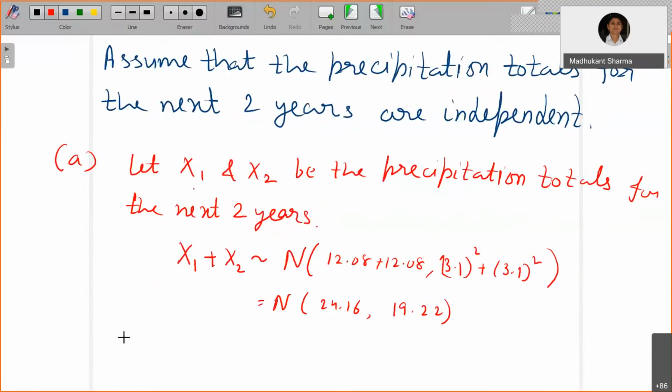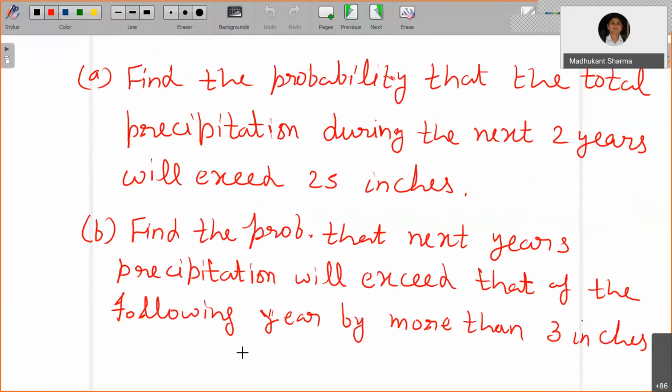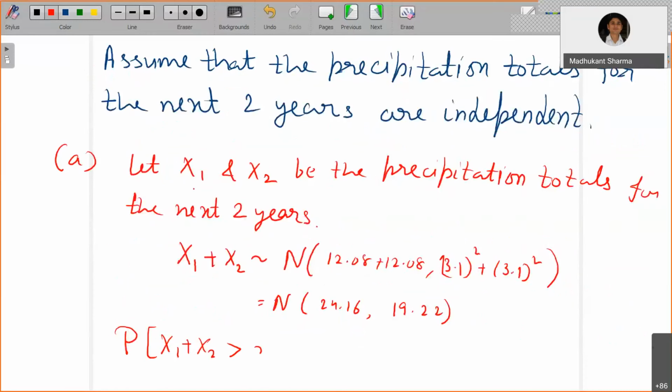And what we are interested in is the probability that during the next 2 years the total precipitation will exceed 25 inches. So the probability of x1 plus x2 greater than 25.